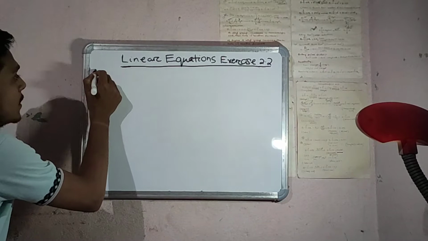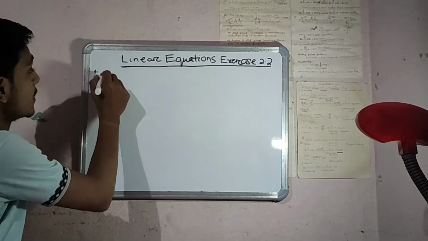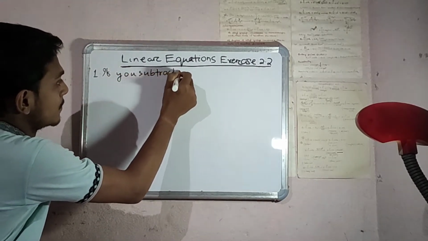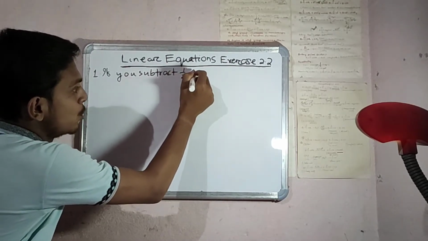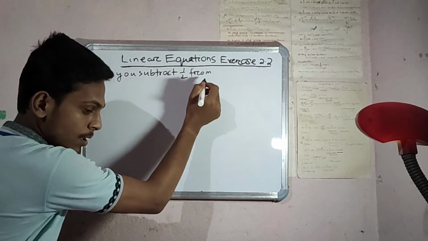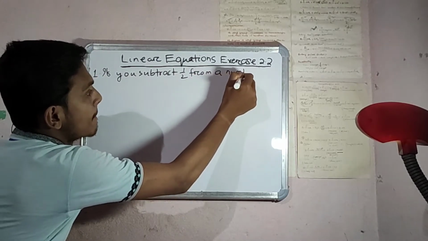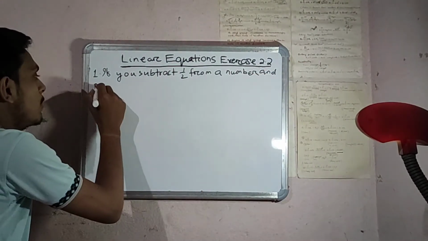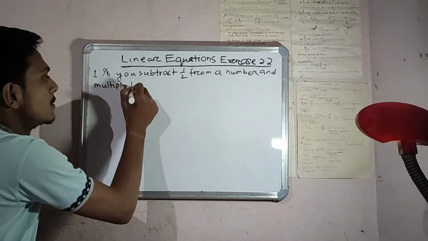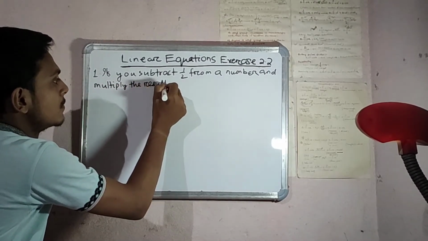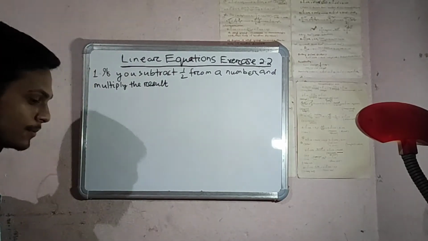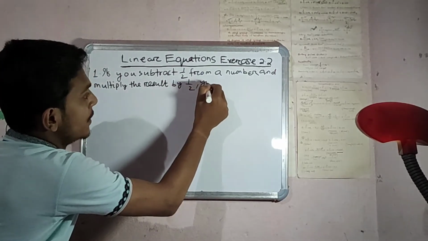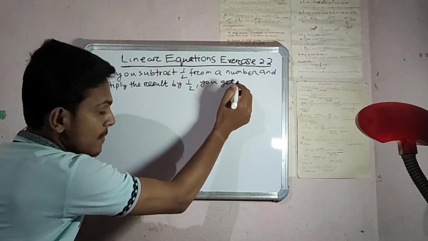So, the first one is: if you subtract 1 by 2 from a number and multiply the result by 1 by 2, you get 1 upon 8.